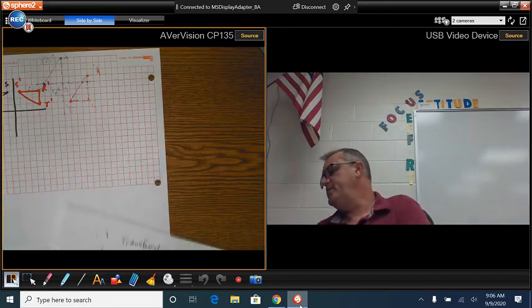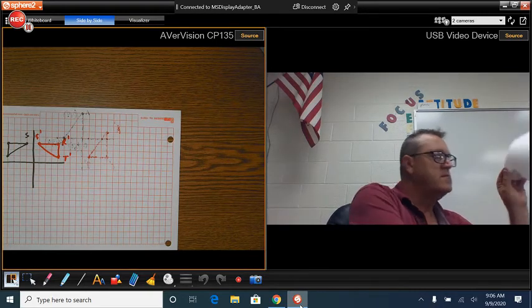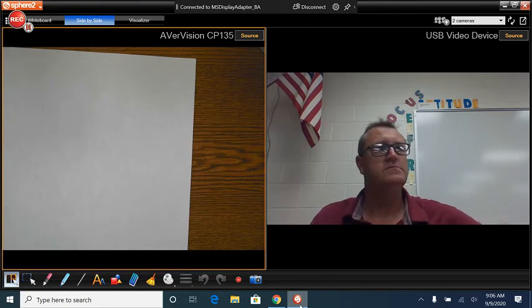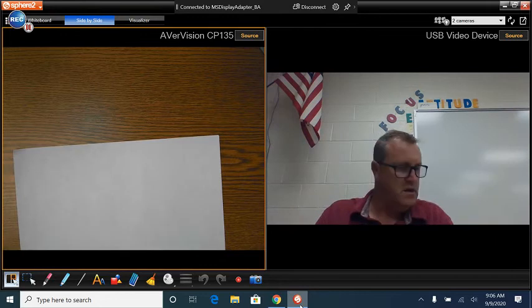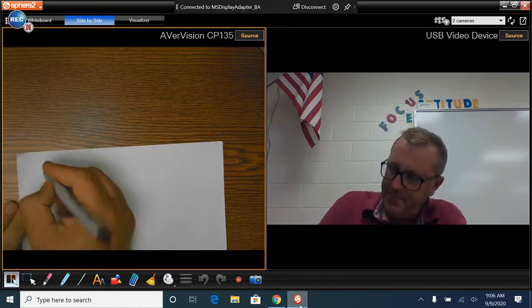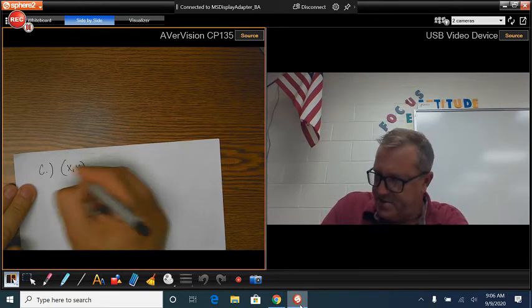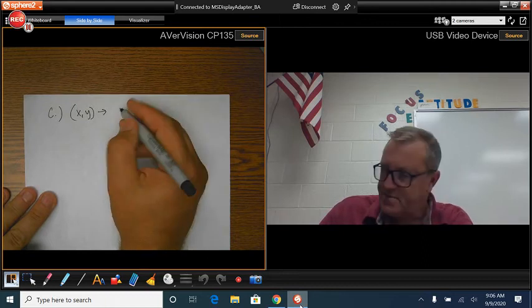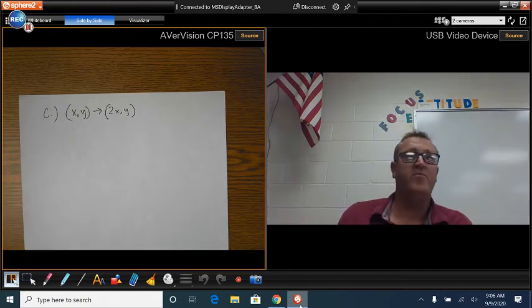Shelby, I got a new sheet of paper. Okay. Shelby, what it says is we go from XY, here's the transformation, XY to 2XY. All we're doing is multiplying the X coordinate by 2. Okay?